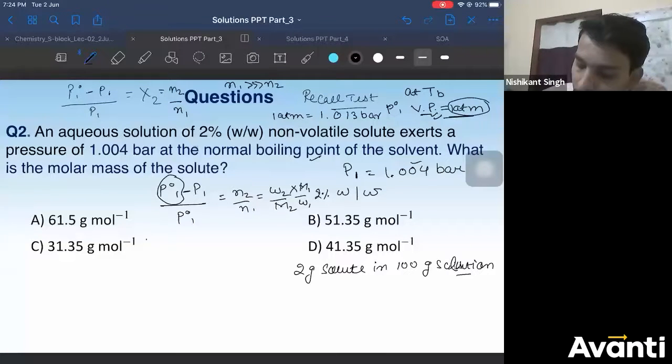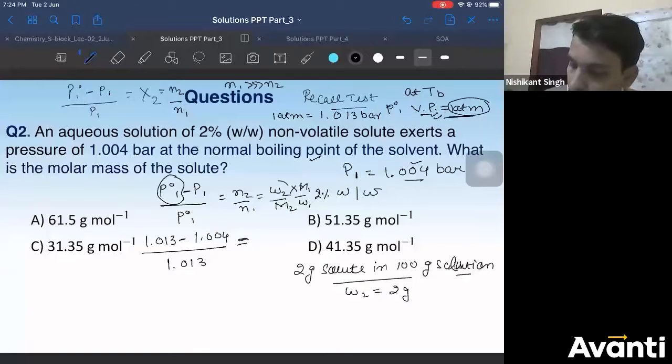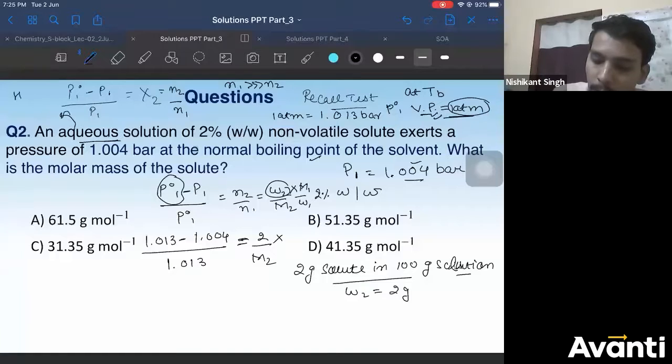Now put the values here. (1.013 minus P1, which is given, 1.004) by 1.013 is equal to, now come back to this, 2 gram solute is present. That means weight of solute is 2 gram. Correct? Molar mass of solute you have to calculate. Solvent is your water. Aqueous solution means water is the solvent.